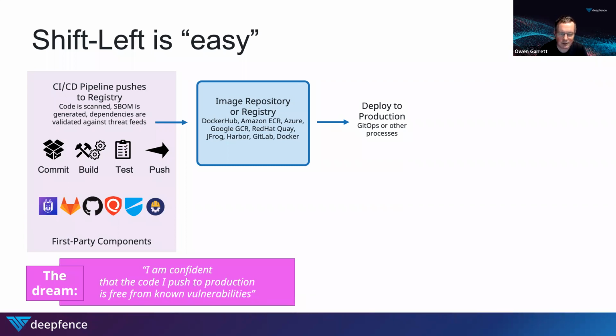As the code is built, it goes through the CI pipeline and it finds its way into the repository or registry and then gets deployed to production. There are third-party and integrated tools and components, things like Snyk, open source, at least for certain limits of usage.